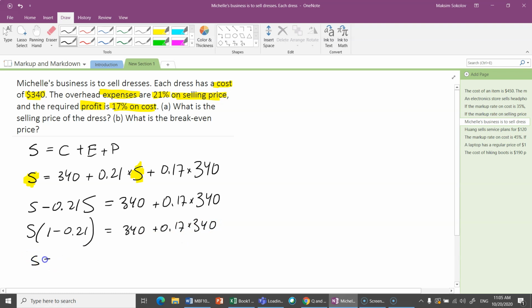Finally, I am ready to find this S, which will be the ratio. On top we have 340 plus 0.17 times 340. In the denominator we have 0.79. So 1 minus 0.21 is 0.79. And now I'll be solving this. And here it is.